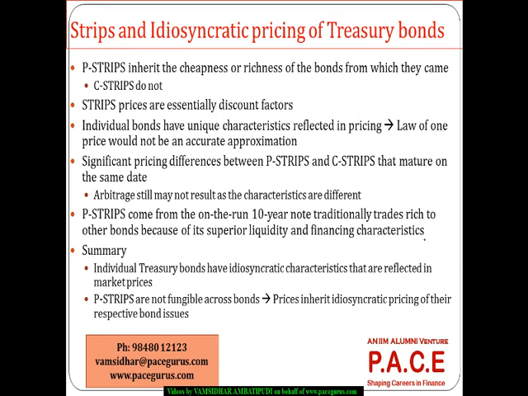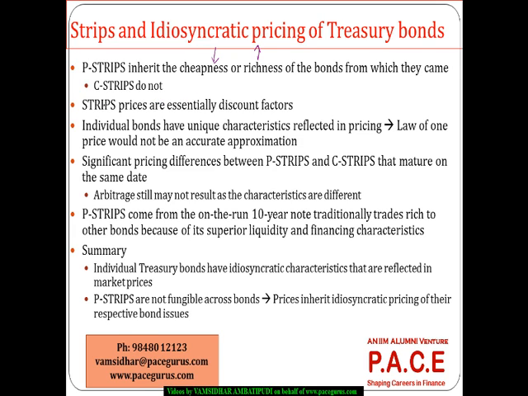One important thing that we have to understand. The P strips are inheriting the cheapness or richness, because they might be traded cheaper or they might be traded expensive, which is purely reflected based on the bond from which they come. But that does not happen with the C strips. C strips can very well be integrated across.